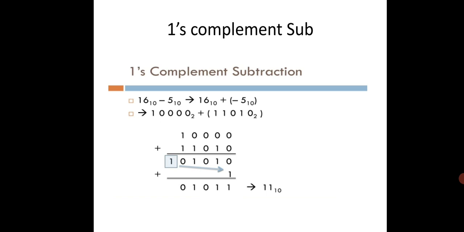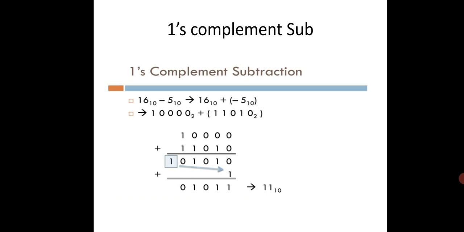So 16 plus minus 5, then again 16, as it is a large value, so you will follow the sign of the large value. So you will add these two numbers, that is 1 0 0 0 0, and the next value is 1 1 0 1 0.